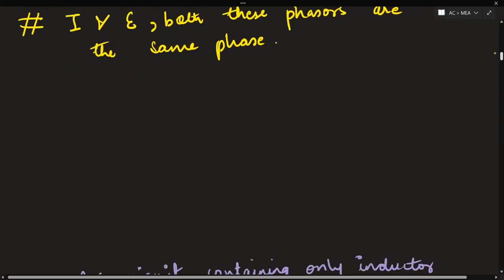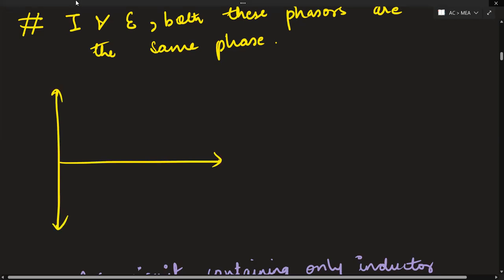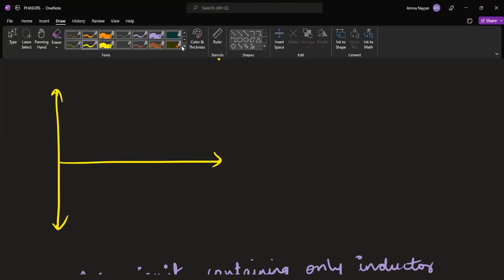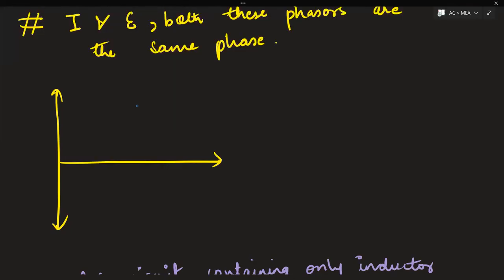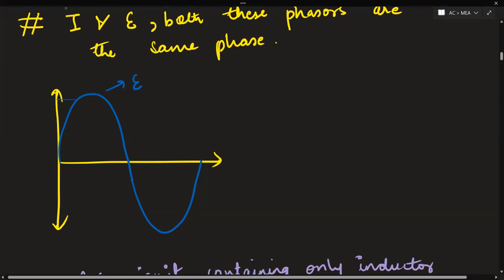Now, if you have it in the same phase, how will I draw the graph? Suppose I want to show it with the help of a graph. Let me depict the value of EMF. EMF will vary sinusoidally like this. This is the EMF value, and there will be a peak value of it, which is E naught, at this highest point.